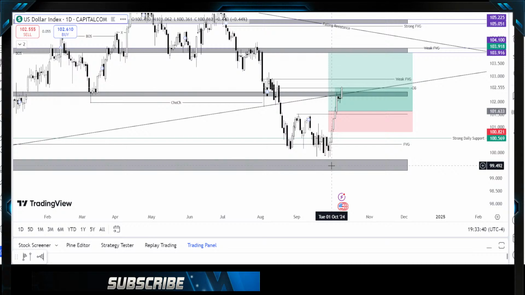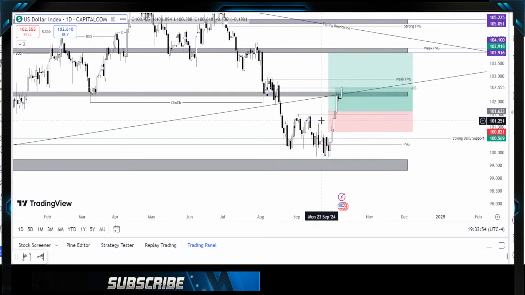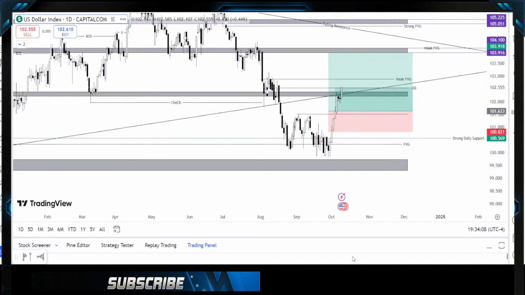We couldn't rely on DXY to tell us that we're going to be selling gold because the DXY is going to be bullish. How could we know that the DXY is bullish yet it hadn't broken this strong resistance point? Unless it broke out of this point, then and only then would we say that the DXY is bullish, because sometimes the market comes into that point and then we see an instant rejection to the downside.